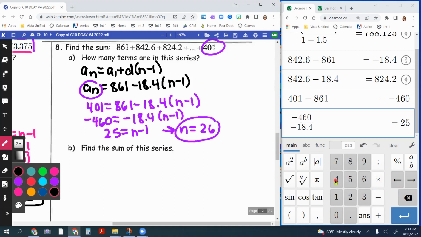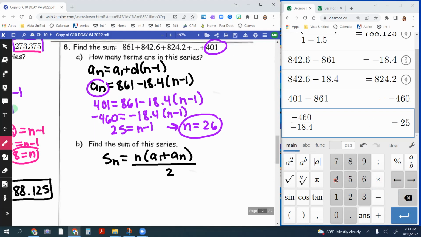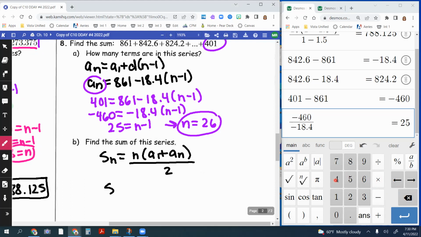So now to find the sum for an arithmetic one, S sub n is equal to n times my first term plus my last term all over 2. So I am going to be doing S sub 26 is equal to 26 times my first term, which is 861, plus my last term, which is 401, all over 2.